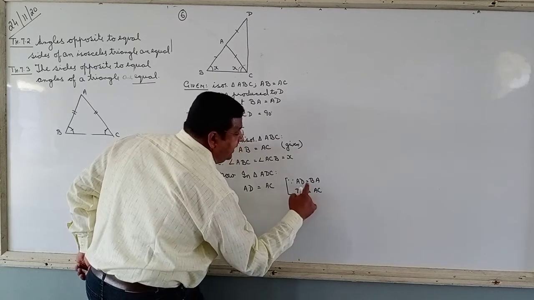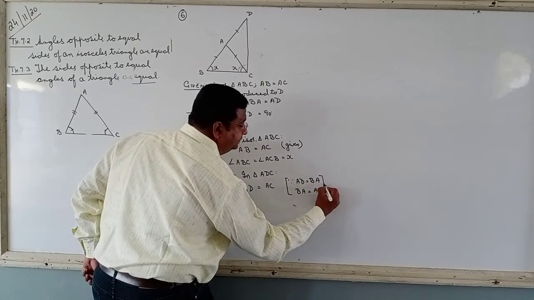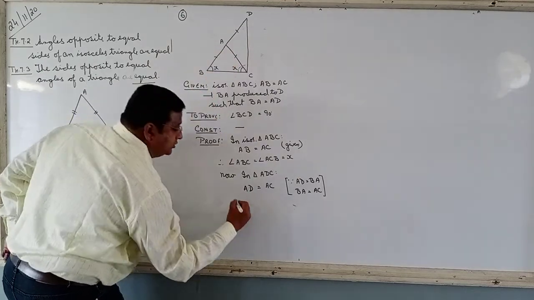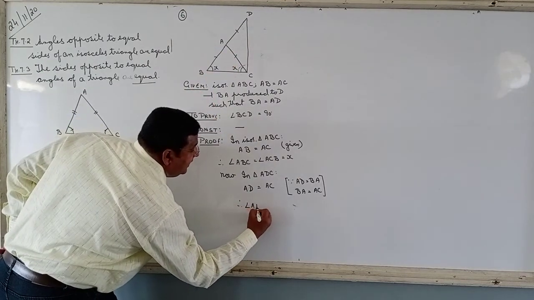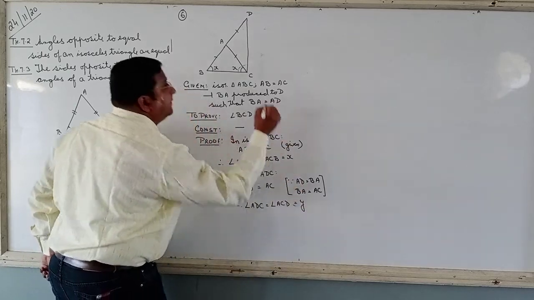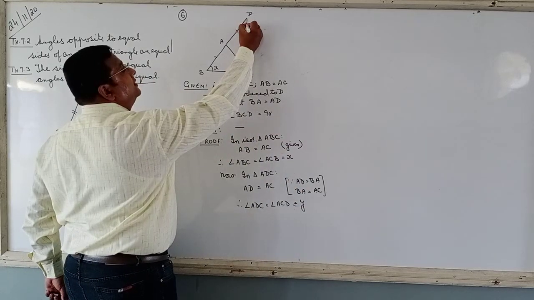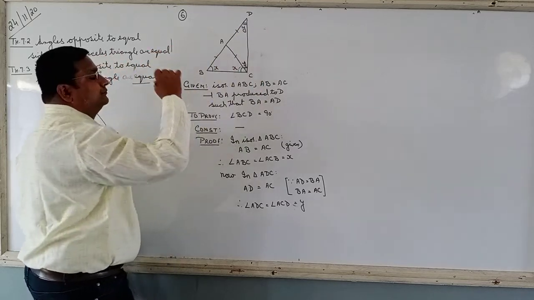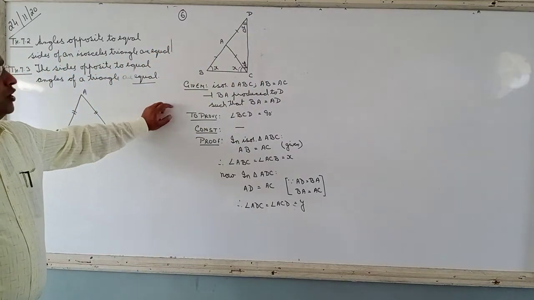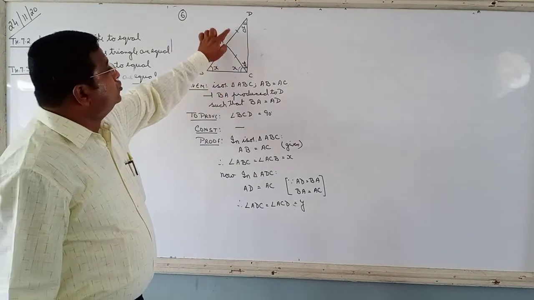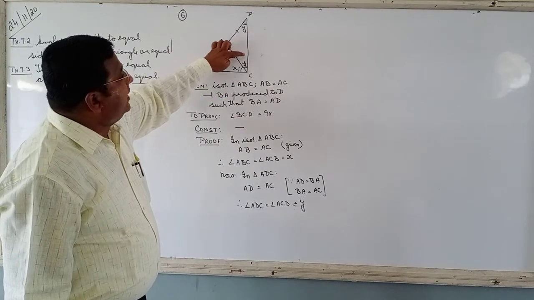So therefore, AD is equal to AC. So therefore, angle ADC is equal to angle ACD equals y. This angle is y. Any problem? Two sides of this triangle were equal, so these two angles are equal.